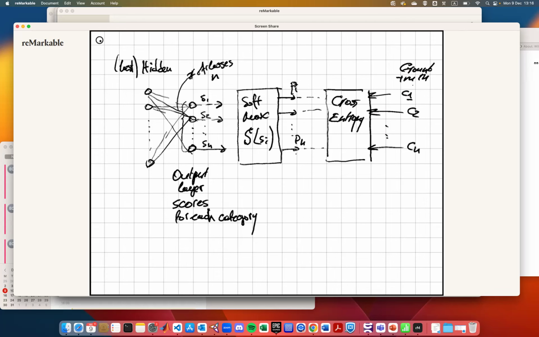Practically, this is a one-hot encoding. So one category is 1, the rest is 0.